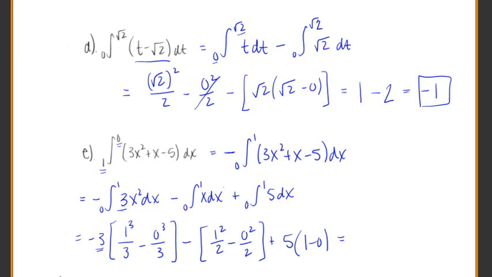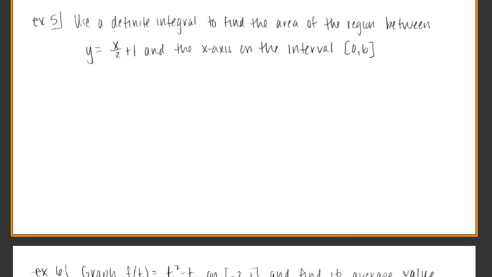Okay, so cleaning this up, we can take that one away, and we don't have a whole lot left to work with. So negative 3 times 1/3 would be negative 1, minus a half, plus 5. Putting that all together, we can say 3½ or 7/2. And there's our answer.